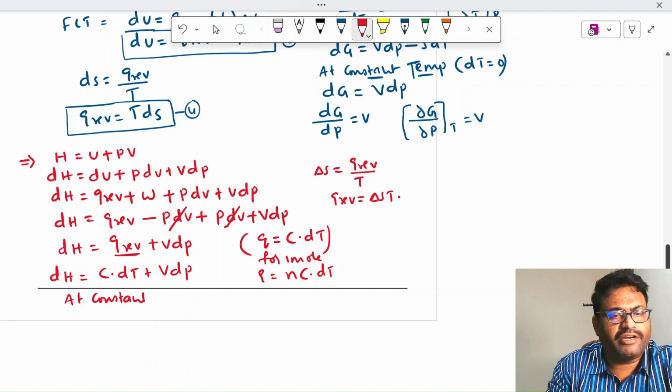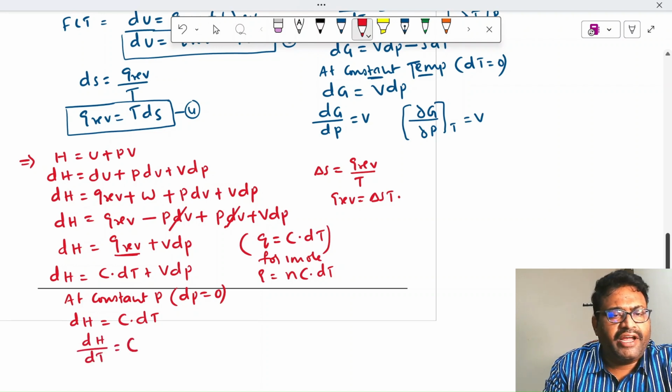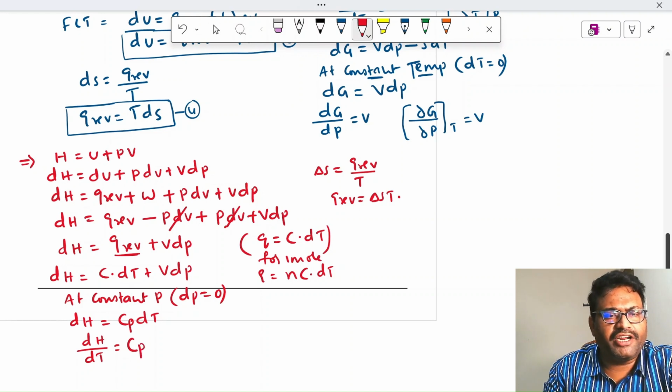What I am speaking, at constant pressure, dP is equal to 0. That I can write dH is equal to C into dT. dH by dT is equal to C. And as it is at constant pressure, I can mention it as Cp. So if I write in partial differentiation method, I can write del H by del T at constant pressure is equal to Cp.